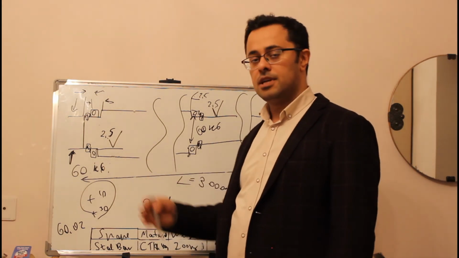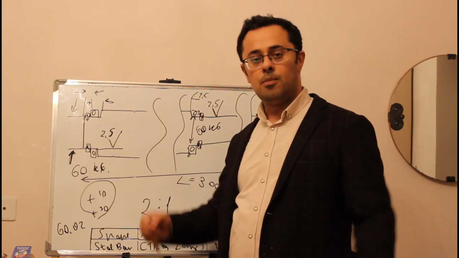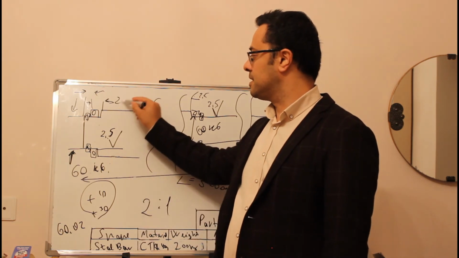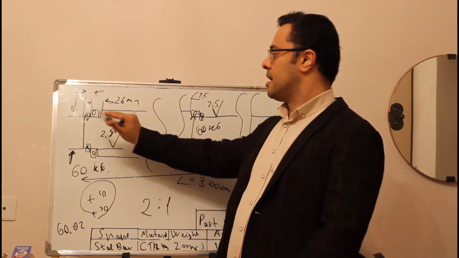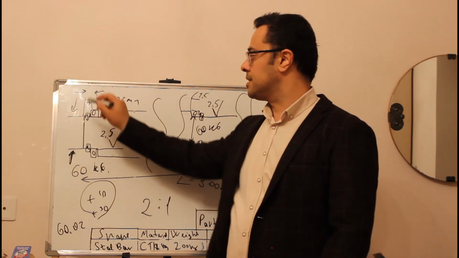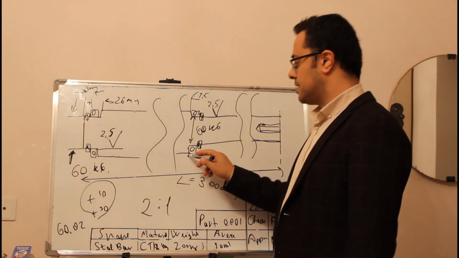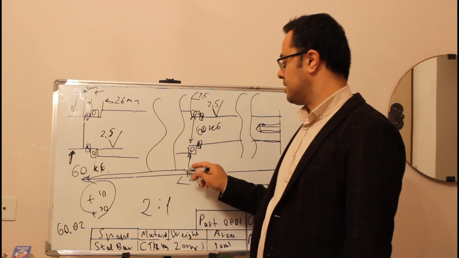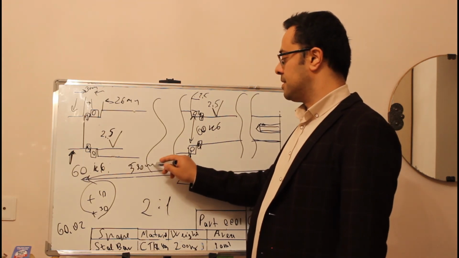So if a machining guy looks at it, he says, okay, you put a bearing there, but how much should I machine there for your bearing? So you say 26 millimeters is the bearing length. How much should I machine for the ring? 3 millimeters. How much is the distance between the first bearing and the last bearing? Let's say 500 millimeters.